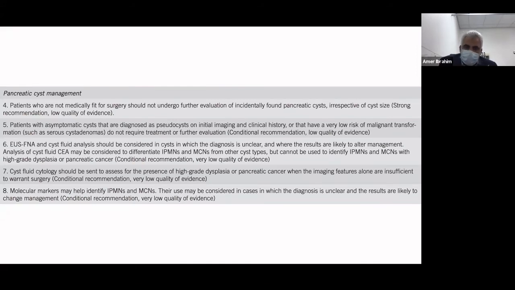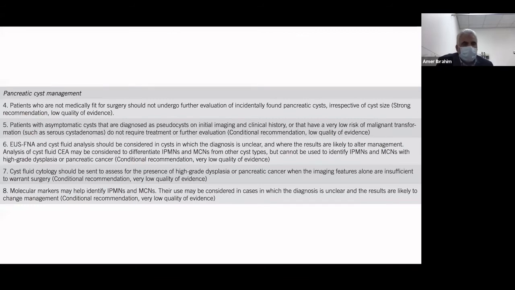So if the patient is not fit, and we found there is a cystic lesion in the pancreas, then this patient doesn't need any follow-up. Unless they have malignancy of the pancreas, then you have to decide whether they're going to be fit to have chemotherapy or something else, which is very unlikely. Because if he is bedridden, then his performance status is going to be really poor, and he's not going to be a candidate even for palliative chemotherapy.